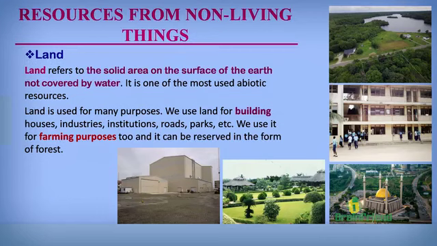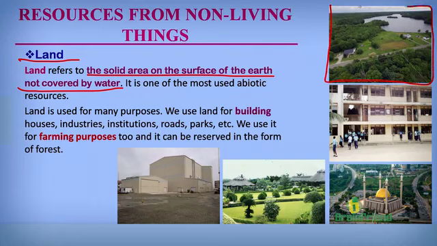I'm going to look at the first example, which is land. Land as an abiotic resource. What is land? Land refers to the solid area on the surface of the earth that is not covered by water. Generally, the surface of the earth is covered by solid areas and wet areas. These wet areas are covered by water.